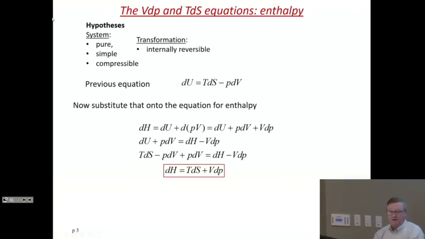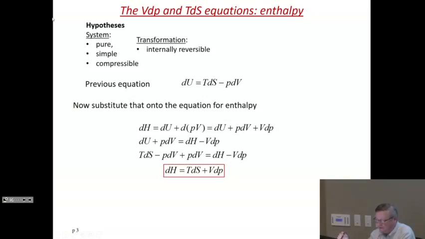The second one concerns the use of the TdS equation in the context of an enthalpy. So we just derived this one here, the same hypothesis as we had before. And now let's look at the enthalpy. So H is U plus PV. That means that dH is dU plus d of PV, which you work out: dU plus PdV plus VdP.